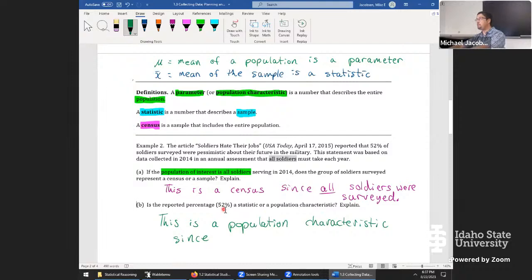The 52% would be referring to the statistic, since we just have an ordinary sample. Exactly. So this problem is written almost perfectly, so it could result in it being a census. I'll say here, it's a population characteristic since the sample is a census.